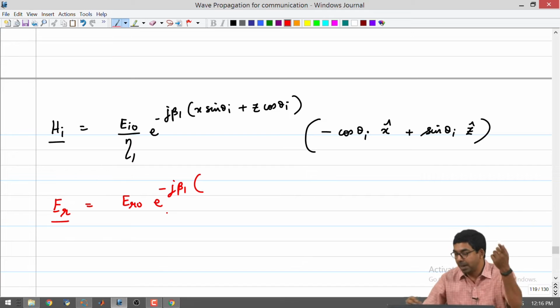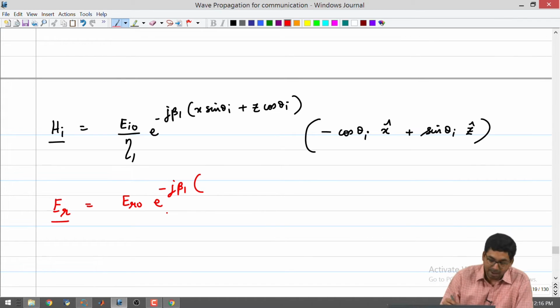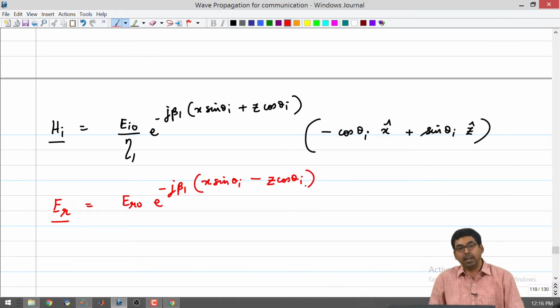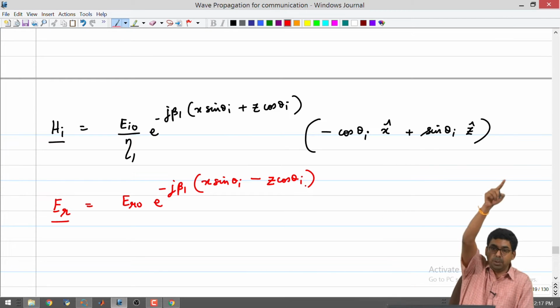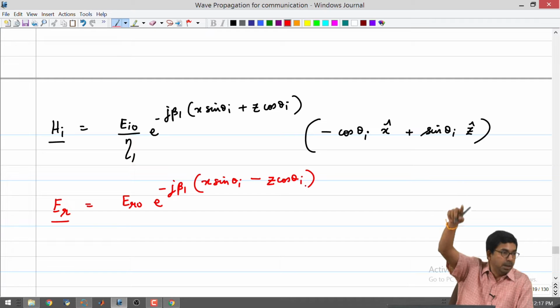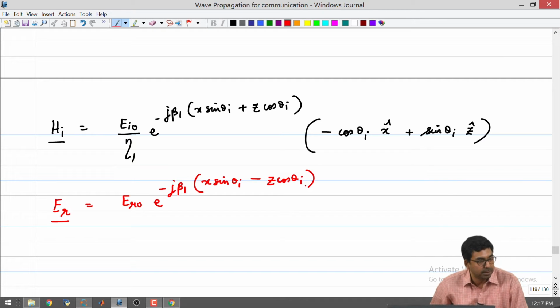So, if you go back and look at the expression, we will be having x sin theta I minus z cos theta I. This corresponds to the k that you are going to be taking, right. So, the k value is going like this. So, you need to decompose k in two directions, then you will end up getting x sin theta I minus z cos theta I.